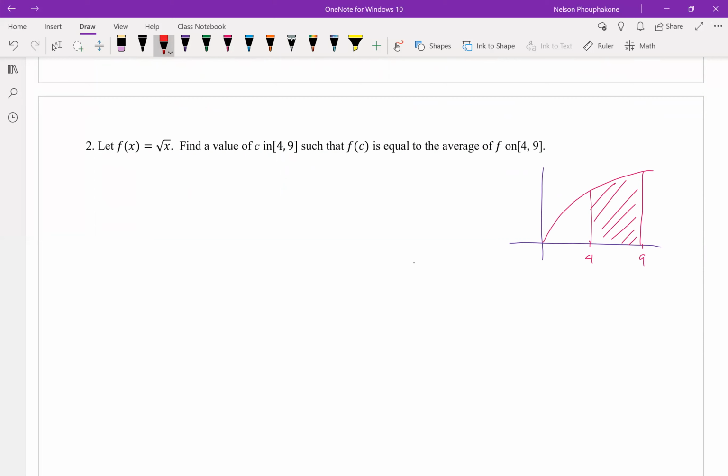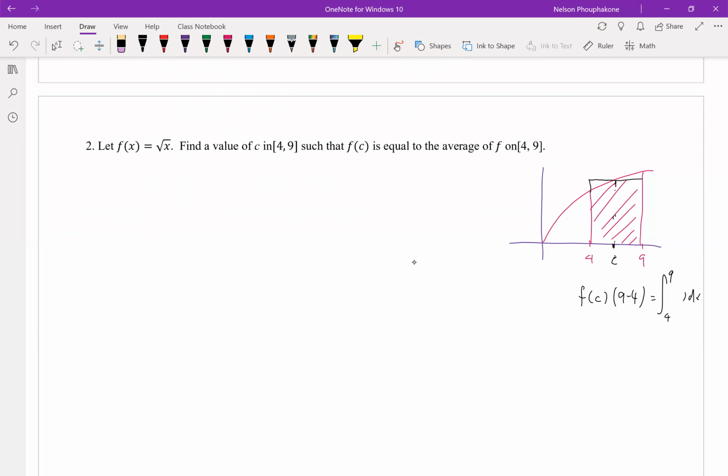It means that I would like to find a number between 4 and 9, maybe we call it C, such that f of C multiplied by 9 minus 4 is equal to the integral between 4 and 9 of f of x dx.